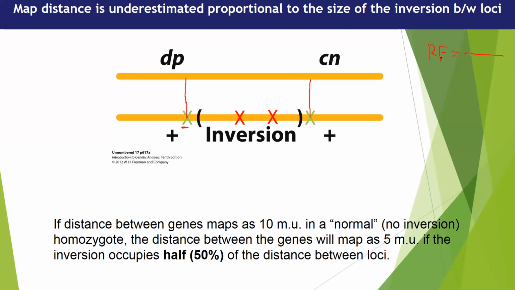When we calculate the recombination frequency to calculate the genetic distance between these two genes, we usually conduct a test cross, and in the numerator, this is the number of the recombinant progeny, and the denominator should be the total number of the progeny, right? All right.